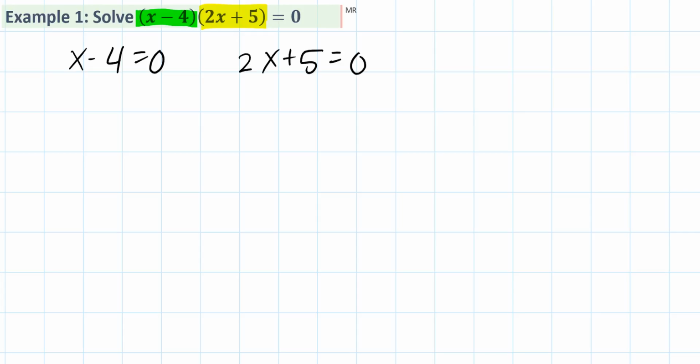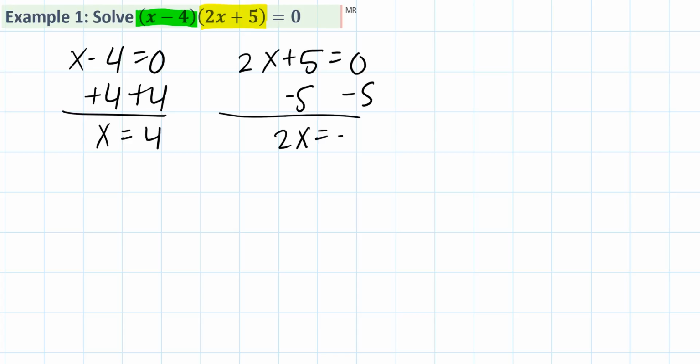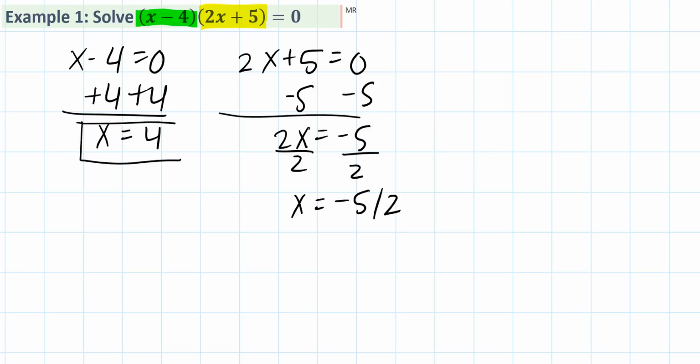So either x minus 4 has to be 0 or 2x plus 5 has to equal 0. We can solve these using our knowledge of Algebra 1. And we get two solutions, two values we could substitute in for x that would make the equation true.